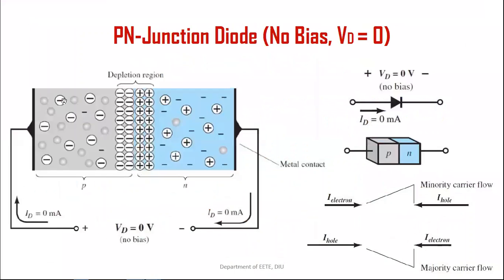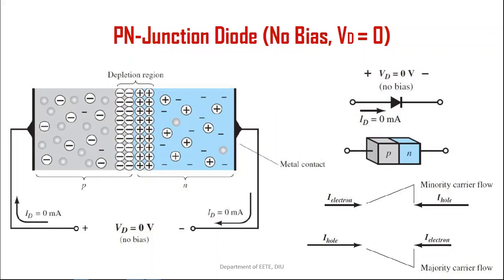Now, in the last class, in the last slides, we discussed the PN junction, not the diode. Only the junction. From now on we will discuss the diode, or semiconductor diode. So sir, how is the diode created, what is the difference between a PN junction and a PN junction diode? There is not so much difference.